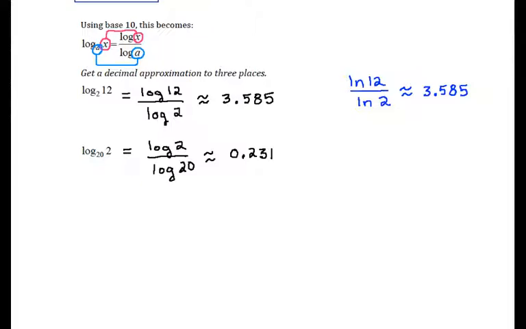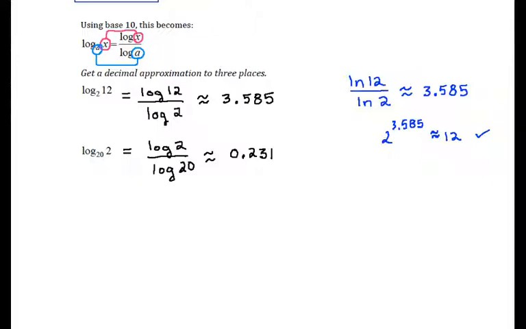It's always a good idea to check and see if these seem reasonable, right? For example, if log to base 2 of 12 is about 3.585, that would mean that 2 to the power 3.585 is equal to 12, approximately, right? Since this was rounded off, it's not going to come out exactly right. Well, 2 cubed is 8, and 2 to the power 4 is 16, and this is somewhere between 8 and 16, so it seems reasonable, or we could try it out on a calculator.